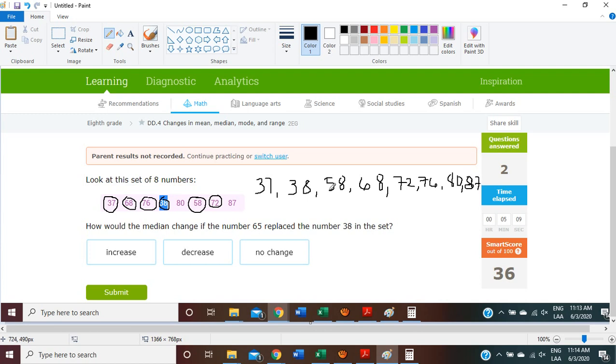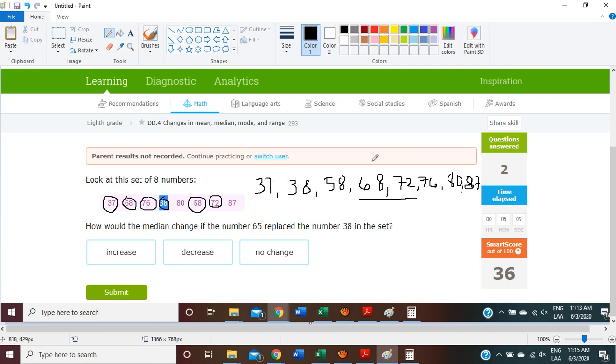Okay, so we count them: 1, 2, 3, 4, 5, 6, 7, 8. There are 8 numbers. So the number in the middle, actually there are going to be 2 numbers in the middle. There is no only one number in the middle. So 1, 2, 3. So 68 and 72 are the 2 numbers in the middle, because there are 3 on the left and 3 numbers on the right.